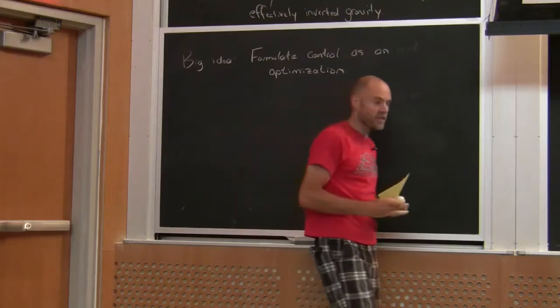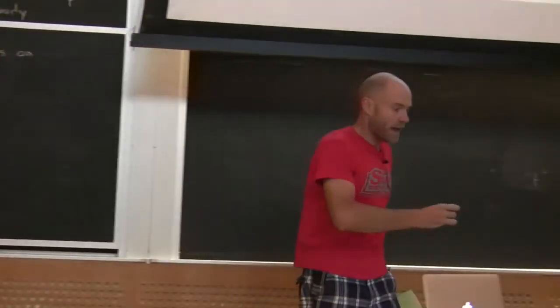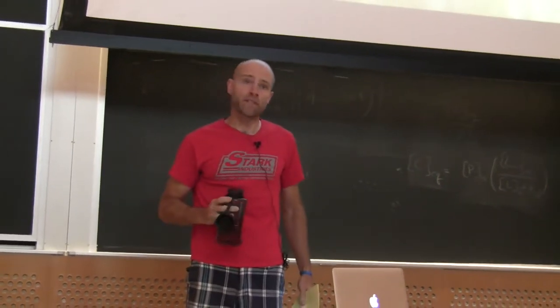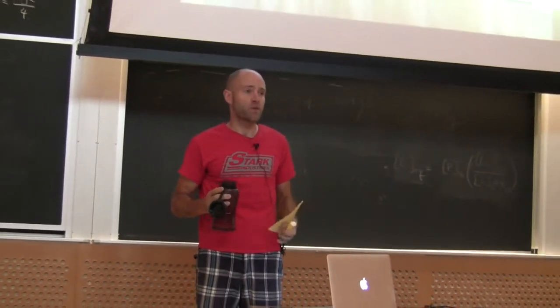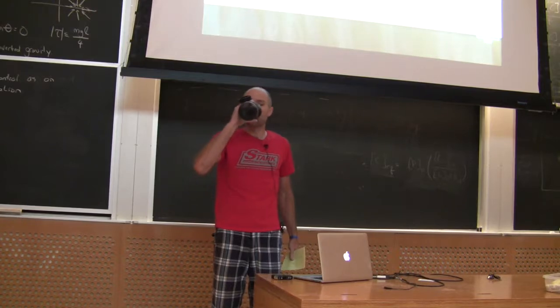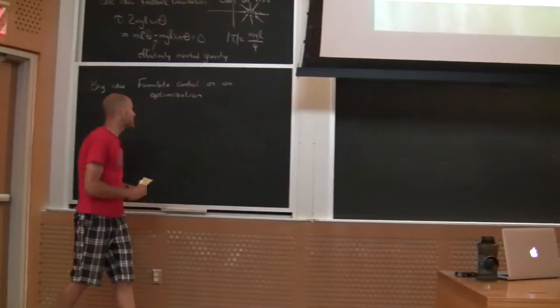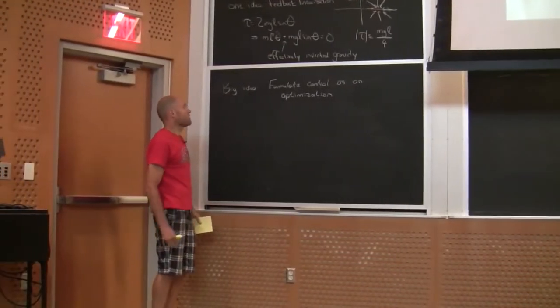Okay? So this puts us in the land of optimal control. And it's not the only way to think about control by any means, but it's particularly compatible with the type of things we know how to do with computers. Okay, we can have computers optimize stuff, right?